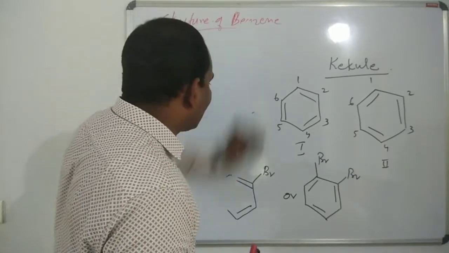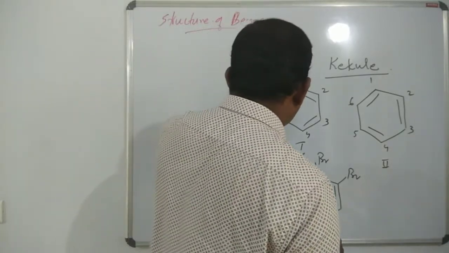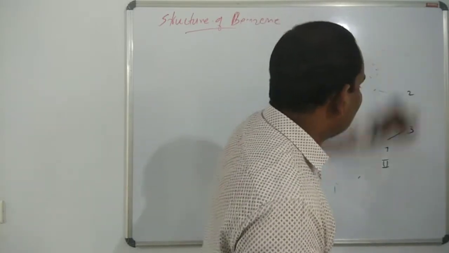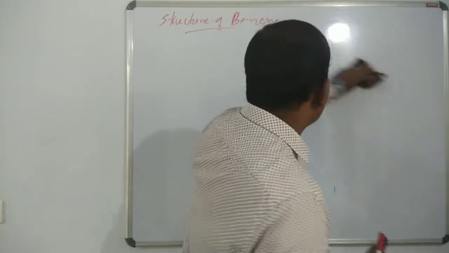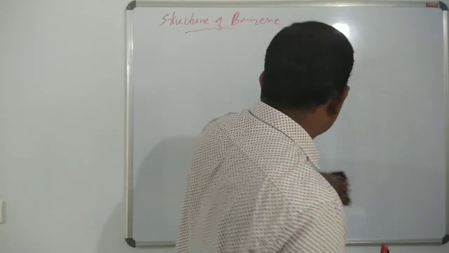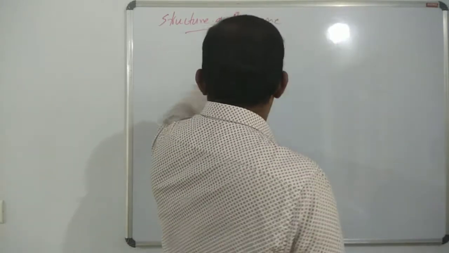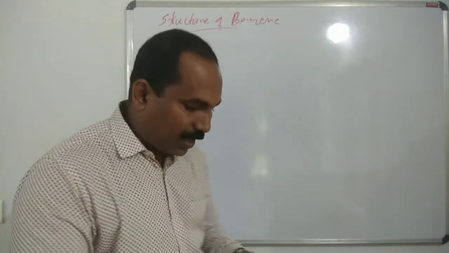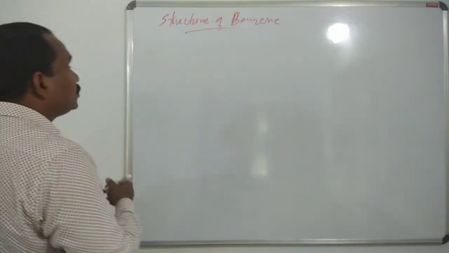According to VB theory, the carbon atoms in benzene are sp2 hybridized. All the carbon atoms are sp2 hybridized.